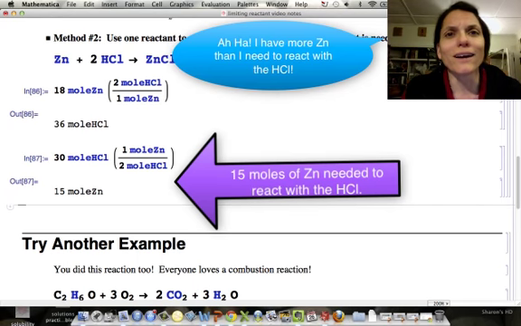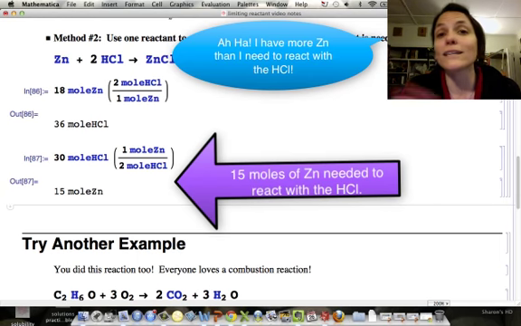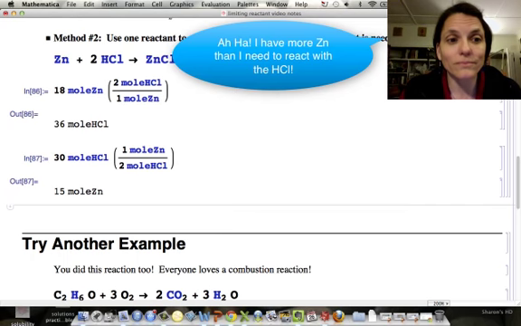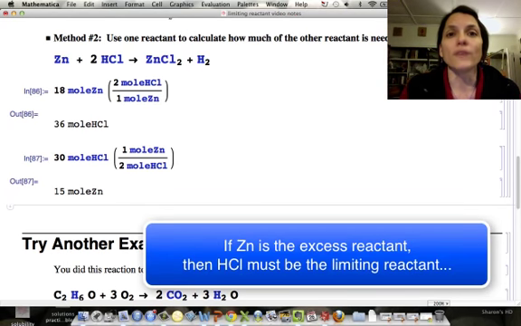And you're probably thinking, aha, we have more zinc than we need to react with that HCl. So yet again, this proves to us that HCl is the limiting reactant because we only need 15 moles of zinc and we have 18 moles available. Either way, you find out that HCl is the limiting reactant.